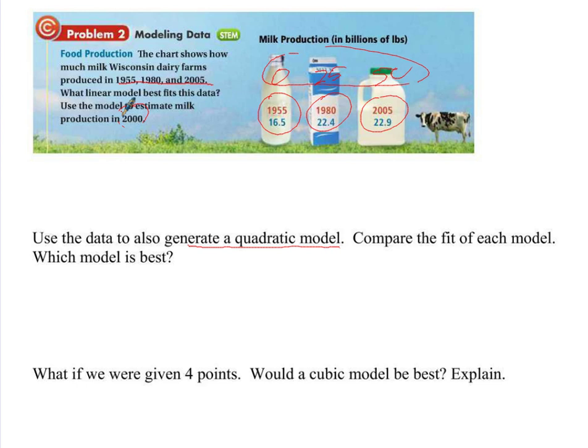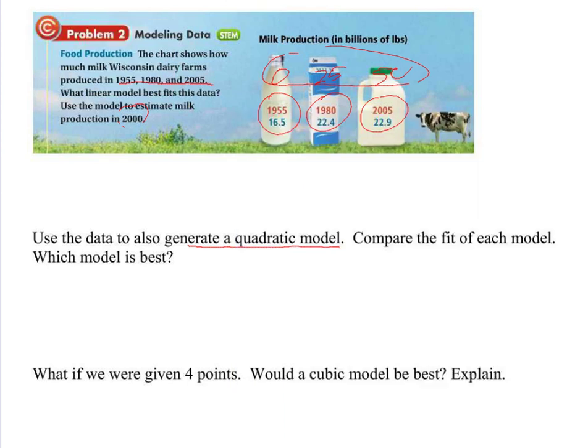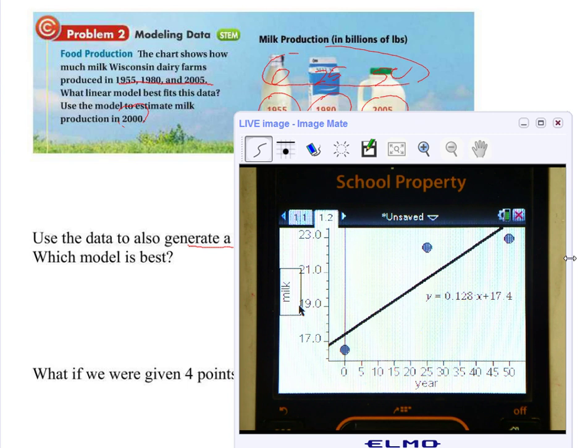Okay, so we want to take these 3 data points that they give us and plug them into our calculators using the spreadsheet so that we can create a scatter plot. So let's go ahead and do that. Okay, so here's the scatter plot with the linear model on it. It gives us the equation y equals 0.128x plus 17.4.